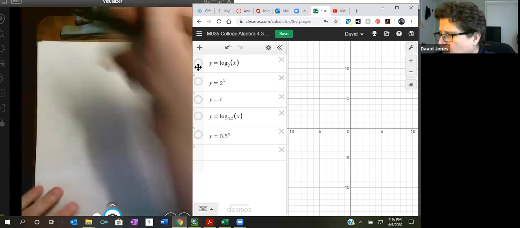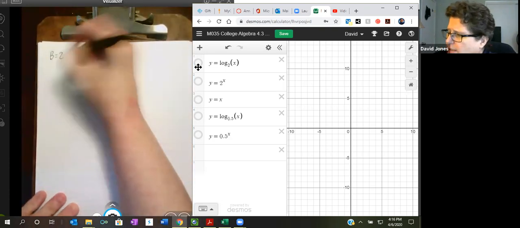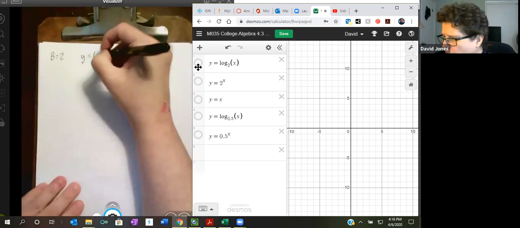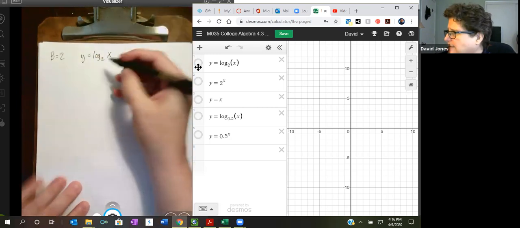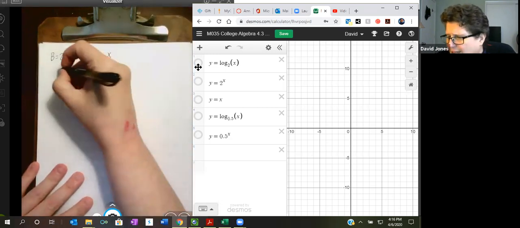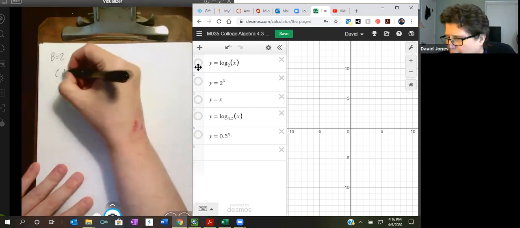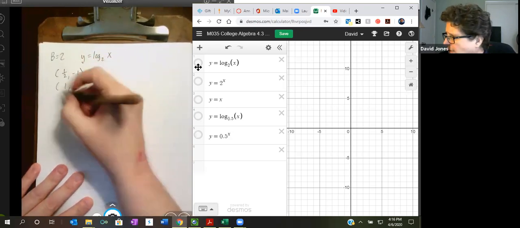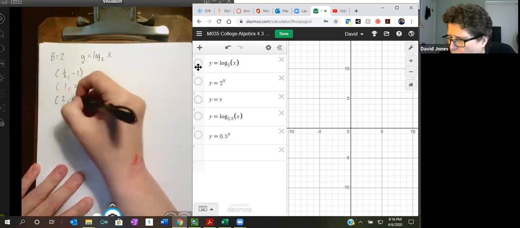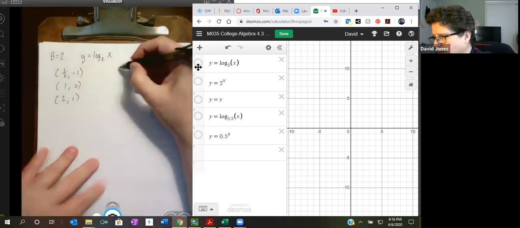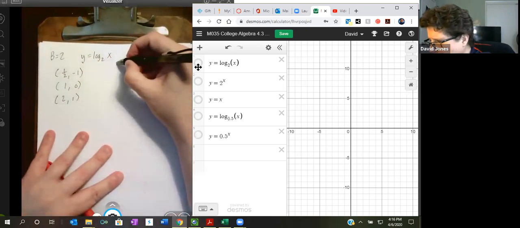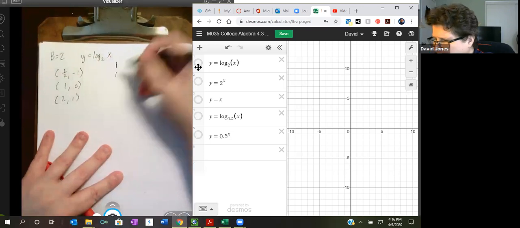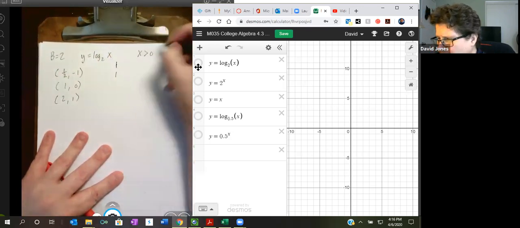We'll start off with b equals 2. So y equals log base 2 of x. That tells me I've got the points 1/2 comma negative 1, 1 comma 0, and 2 comma 1. I said x has to be greater than 0.